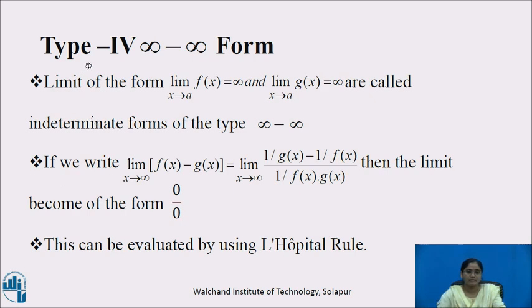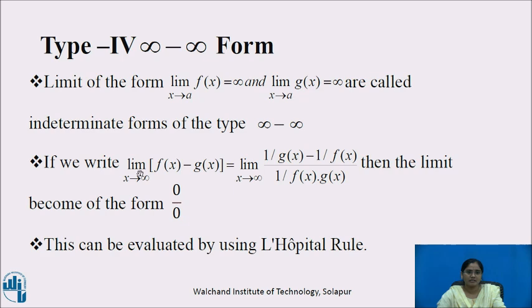We'll see type 4 problems, that is infinity minus infinity forms. Let us see the definition of this form. Limit of the form, that is limit x tends to a f of x is equal to infinity and limit x tends to a g of x is equal to infinity. Now these types of indeterminate forms are called the infinity minus infinity forms.